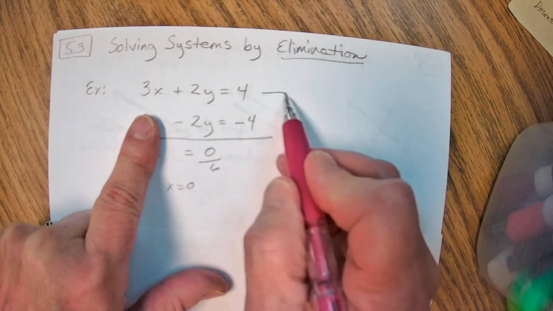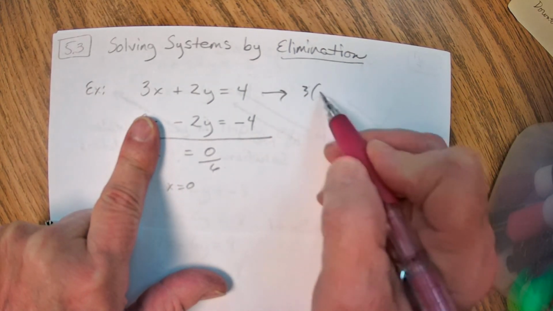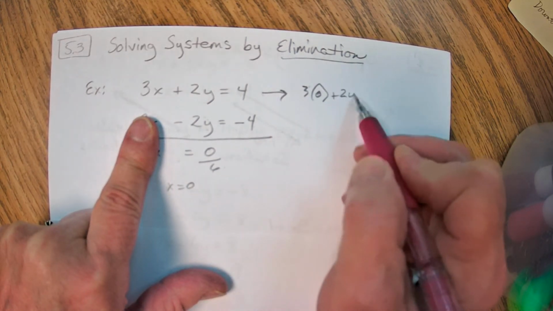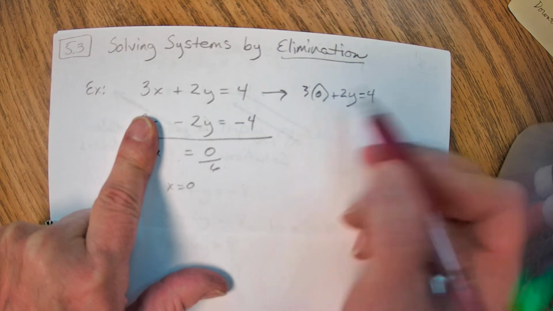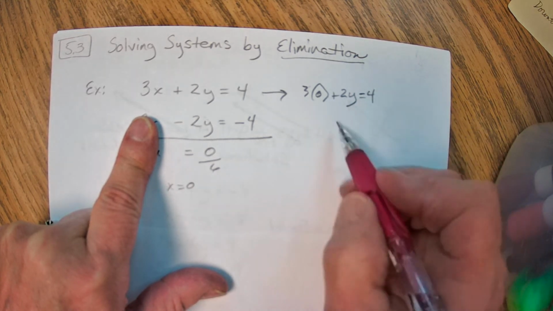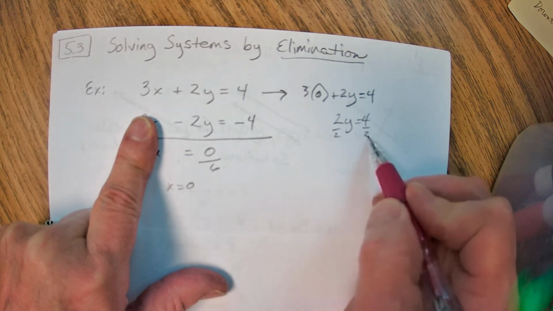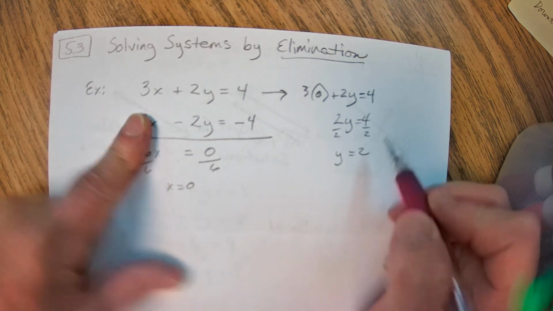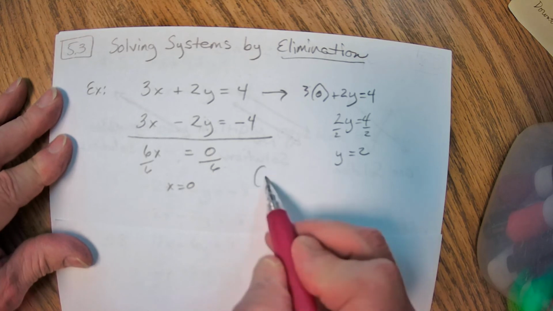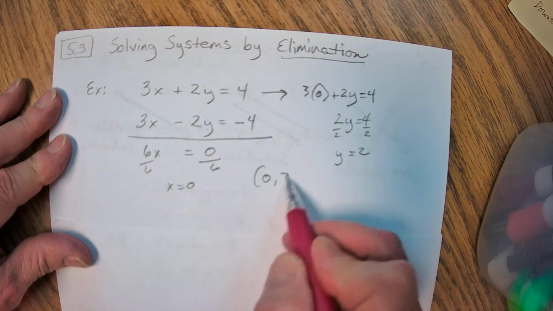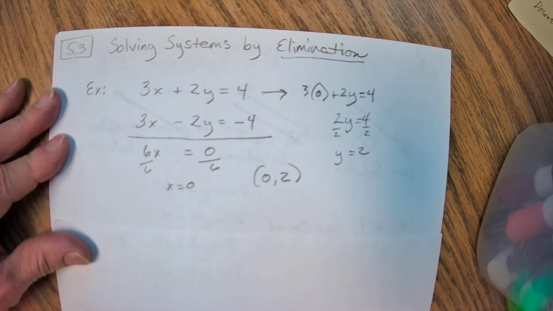How about this one? So 3 times 0 plus 2y equals 4. Well, 3 times 0 is 0. So that would leave me 2y equals 4, divide by 2, and y equals 2. So my answer is x equals 0 and y equals 2.